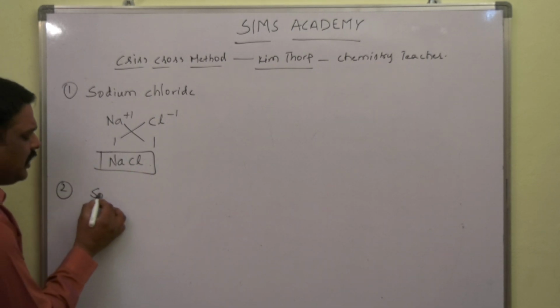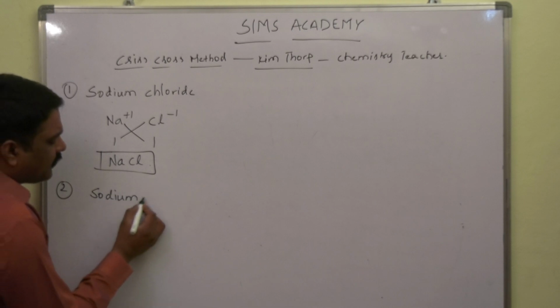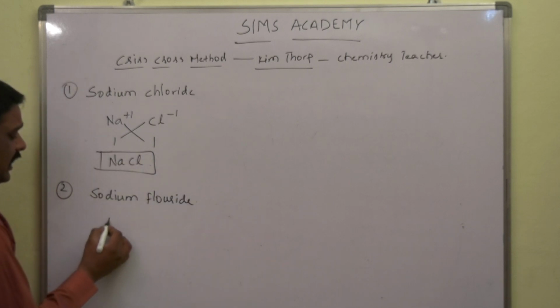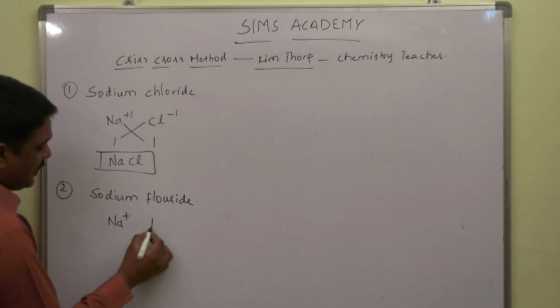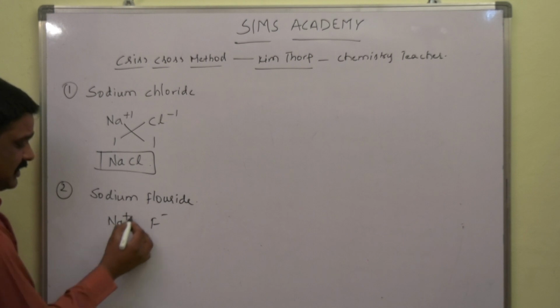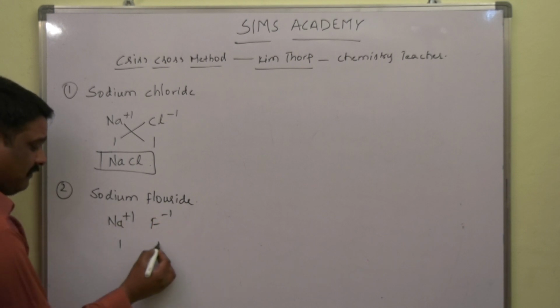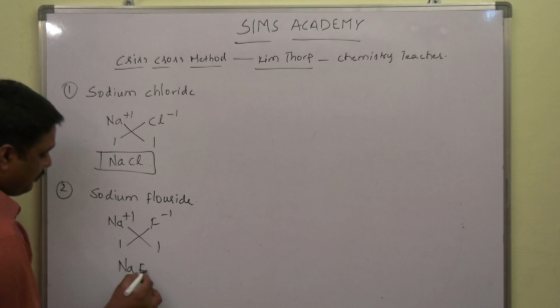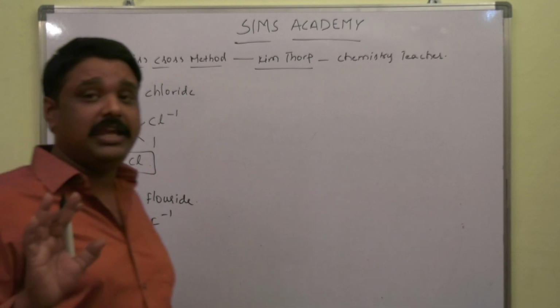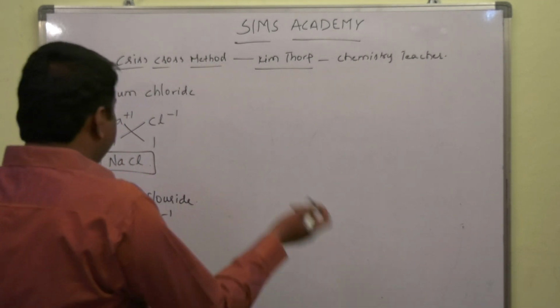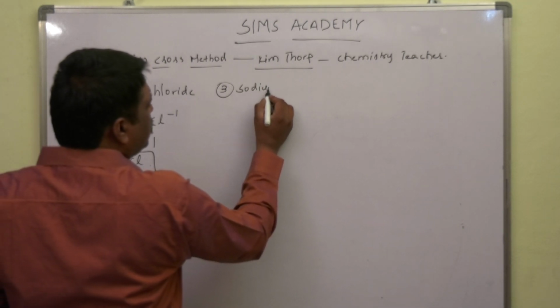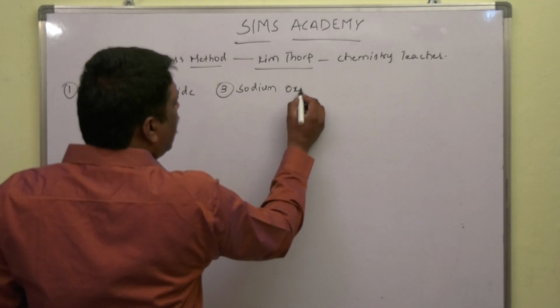Let us write sodium fluoride. Sodium fluoride: Na plus, fluoride is F minus, 1 1, Criss Cross, Na1 F1, the 1s taken out, it becomes NaF. Similarly, we shall go on to the next one, sodium oxide.